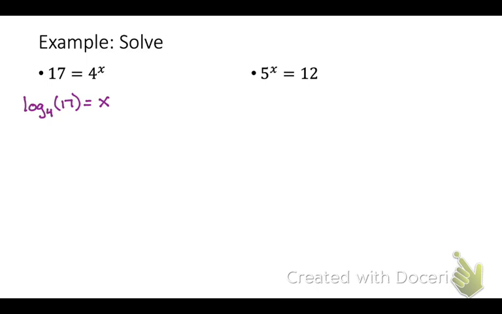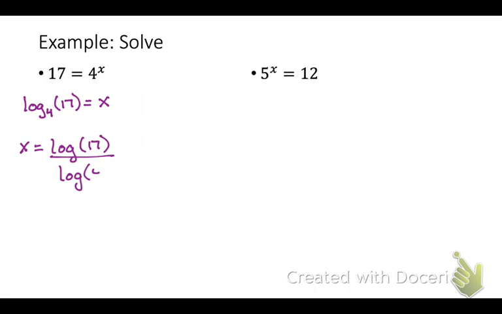Now, can I put that in my calculator? No. You have to use the change of base formula. What's the change of base formula? Log of 17 divided by log of 4. Okay, log of 17 divided by the log of 4.